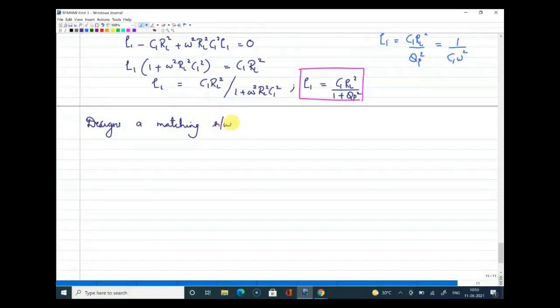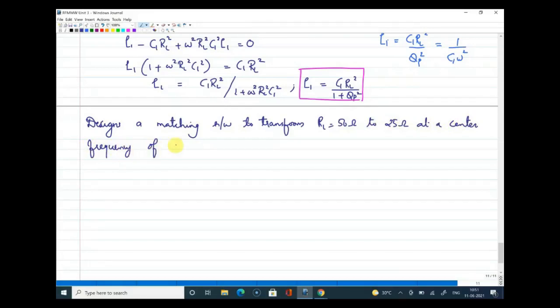Design a matching network to transform RL equal to 50 ohms to 25 ohms at a center frequency of 5 gigahertz.